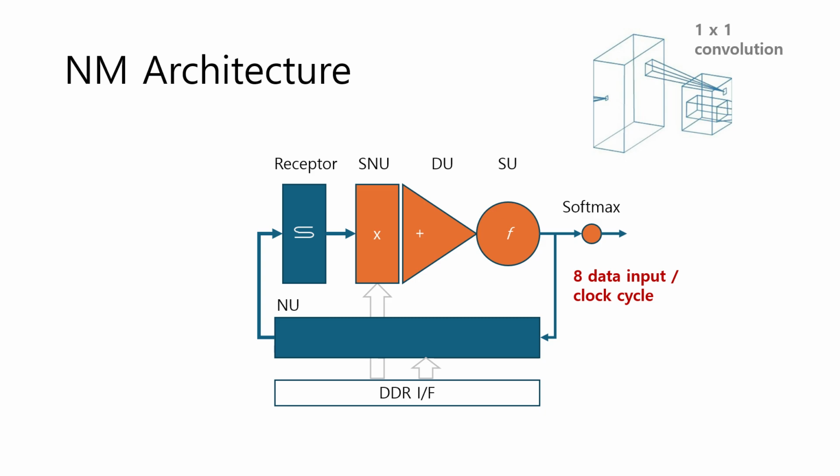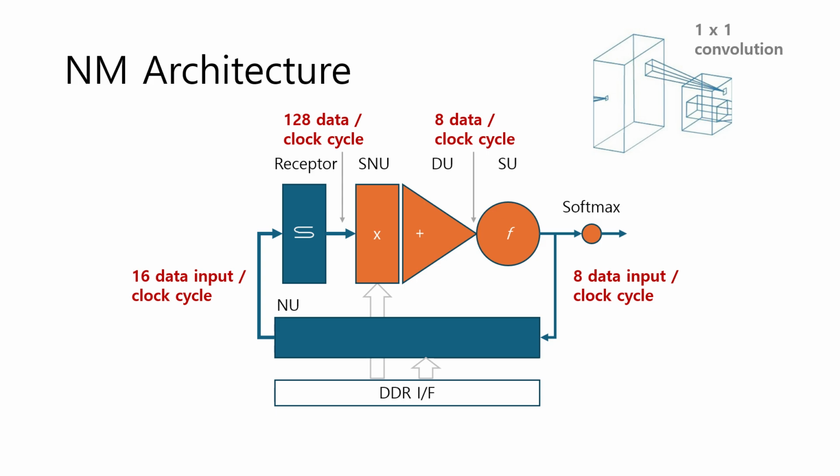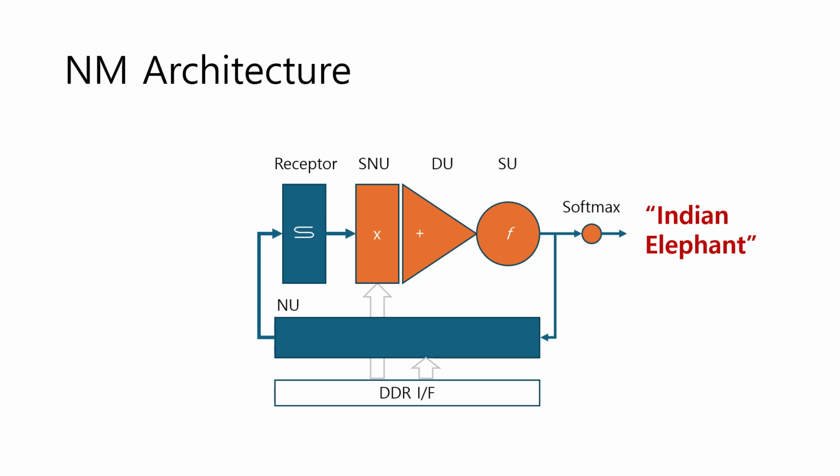In this process, all data flows in the form of a continuous stream, so the computation circuit can perform computation continuously without stopping. When reaching the last convolutional layer, where n is the number of objects to be recognized, n data are calculated in SU and sent to the softmax part, where the softmax equation is calculated and the object with the highest probability is picked as the result value of this classification algorithm.